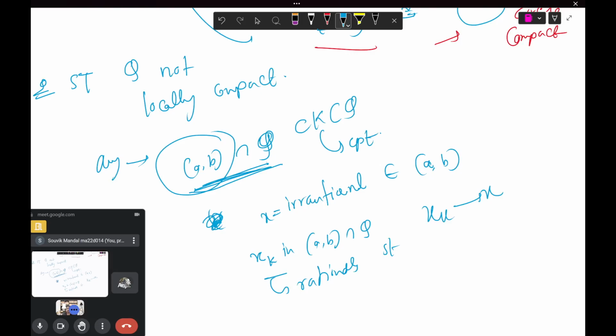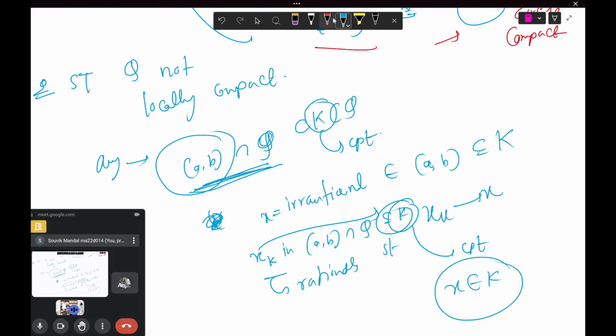Now everything is contained inside capital K, and (a,b) is also a subset of capital K. Since xk is contained inside K and K is compact, x has to lie inside K. But K is a subset of Q, and x is chosen to be irrational. So that's the contradiction. Do you understand?